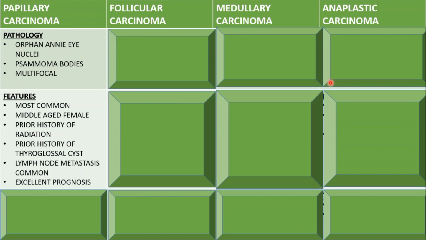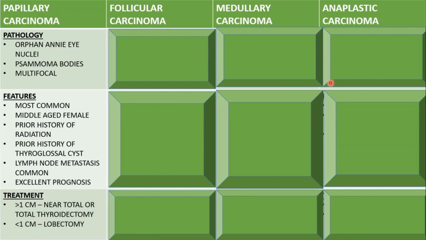For example, people who have had CT scans many times for their chest, and people who previously had a thyroglossal cyst can develop this cancer. Usually, this cancer has an excellent prognosis, even though it has common metastasis to the cervical lymph nodes. This cancer, among all, has the best prognosis.